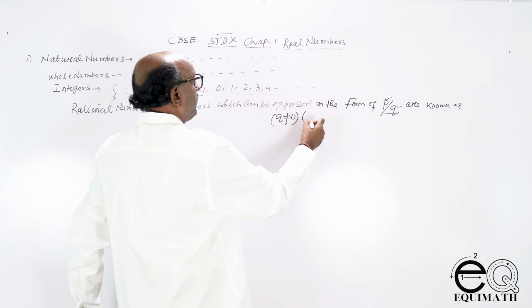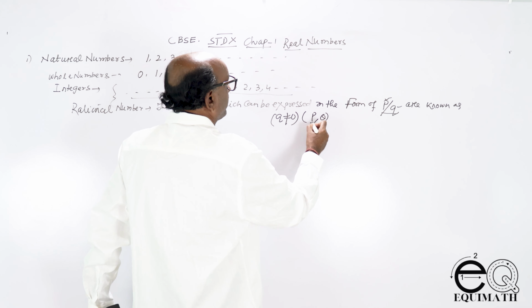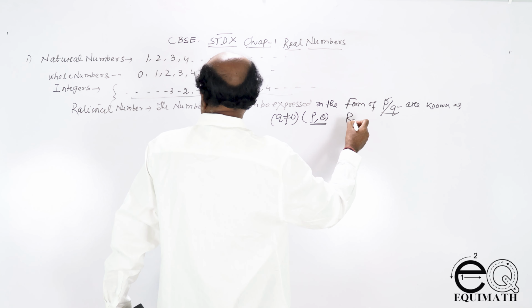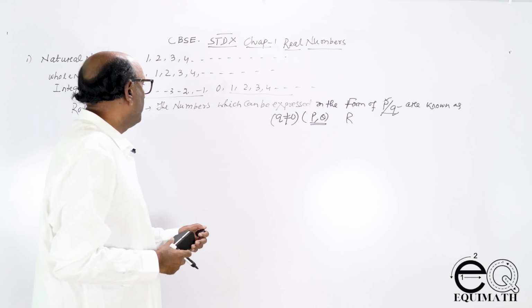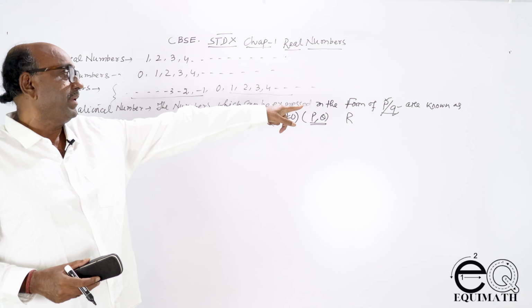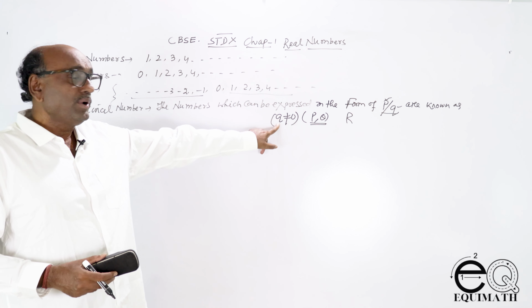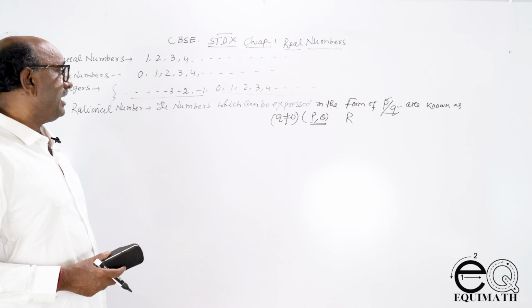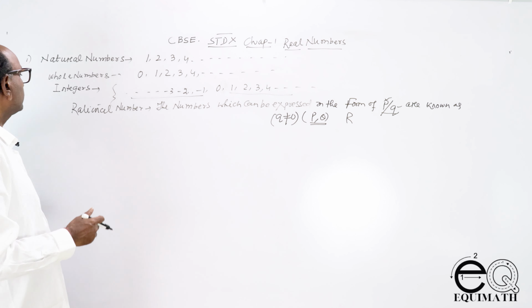That is, P and Q are both co-prime. That is rational number. The numbers which can be expressed in the form of P by Q, and Q is not equal to 0, all these numbers are rational numbers.